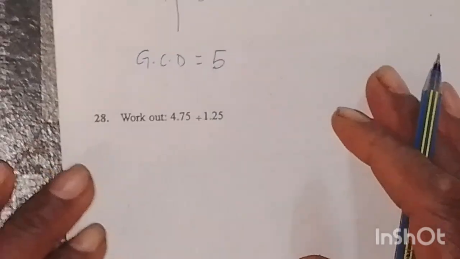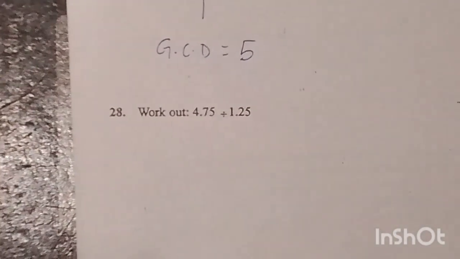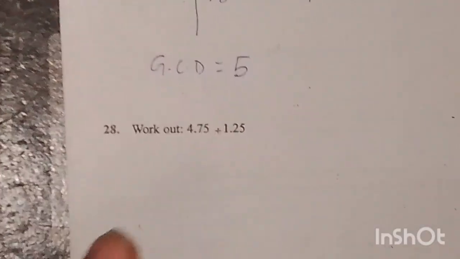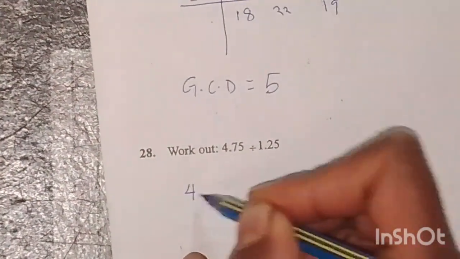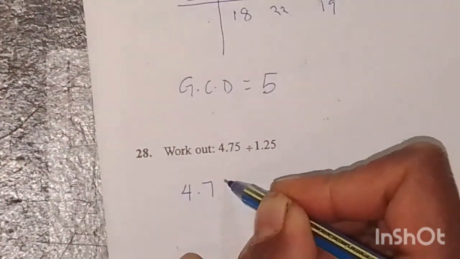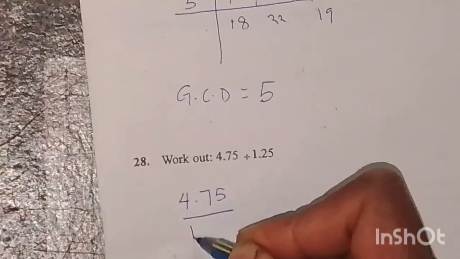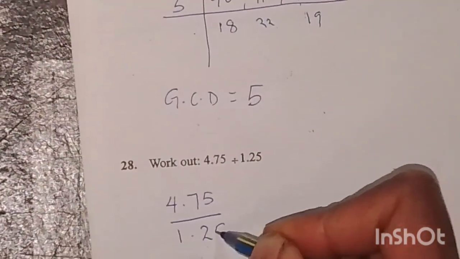Question number 28. Work out the following: 4.75 divided by 1.25.